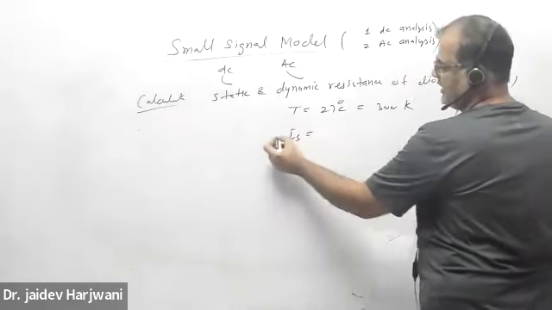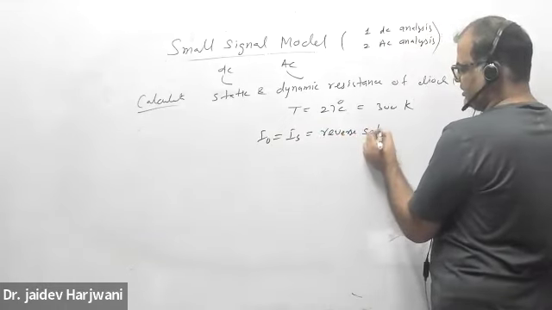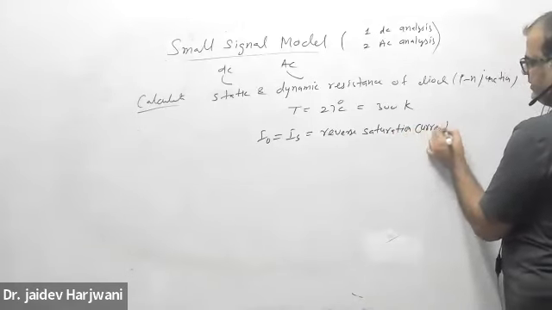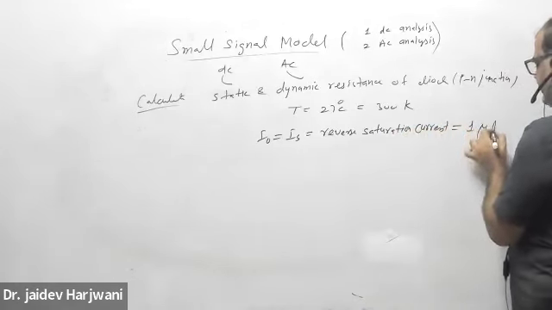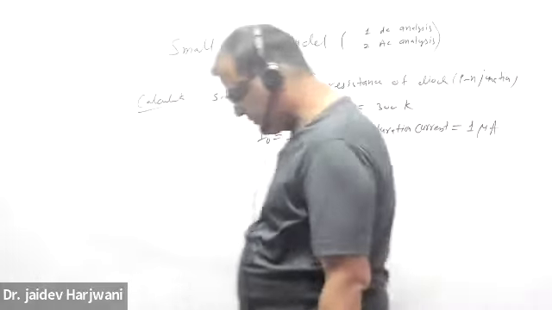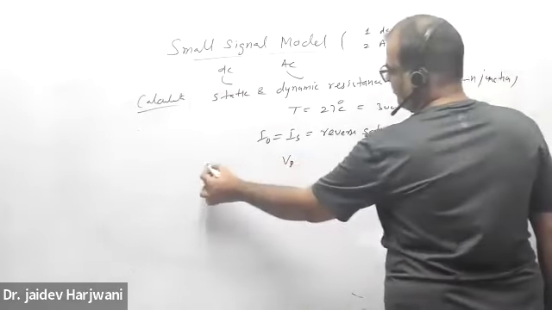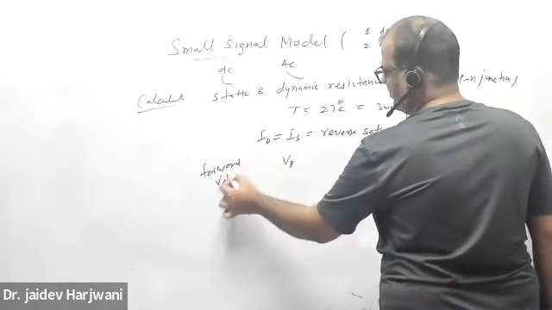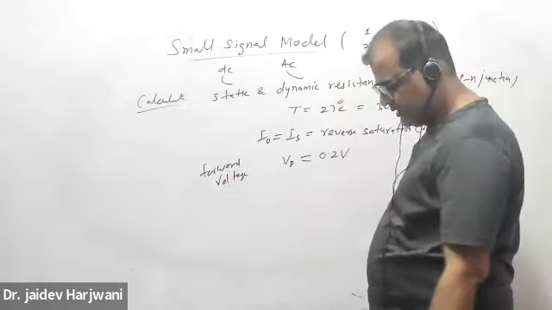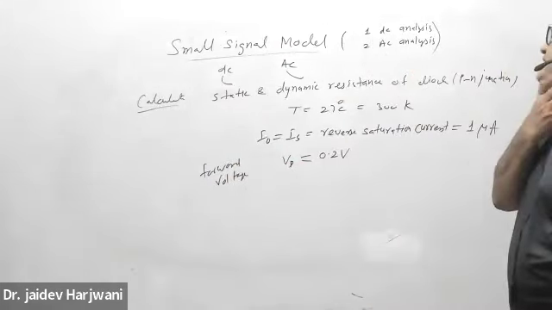IS is reverse saturation current, I naught, that is given 1 microampere, and the applied forward bias voltage, that is VD, is given 0.2 volt, and now you want to find that DC and AC resistance.